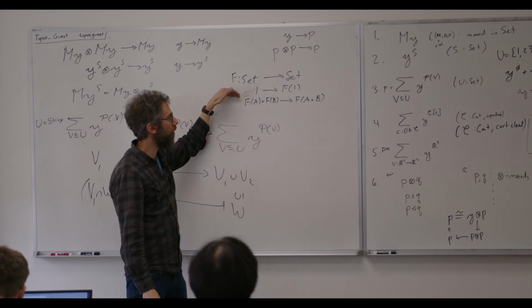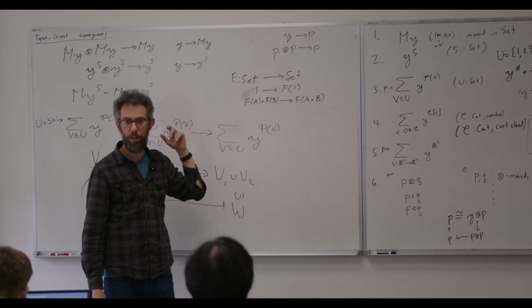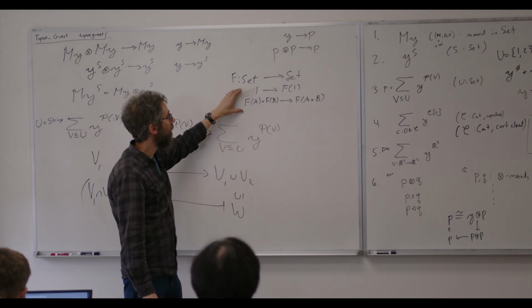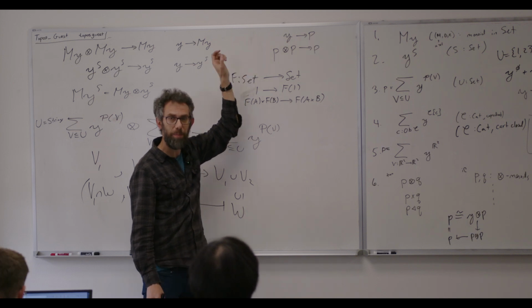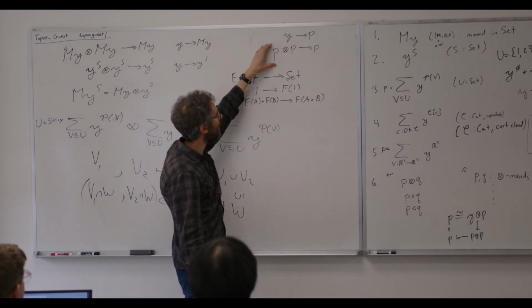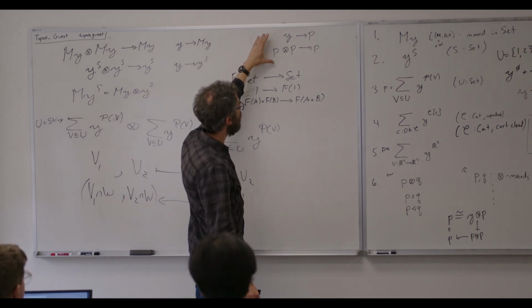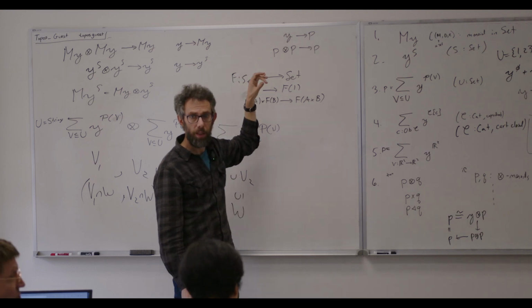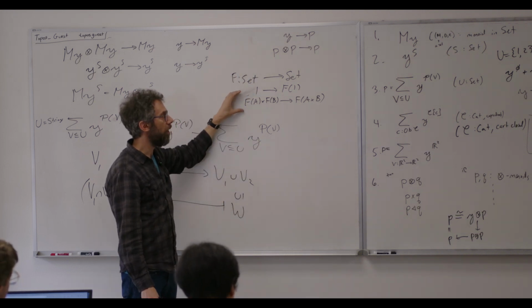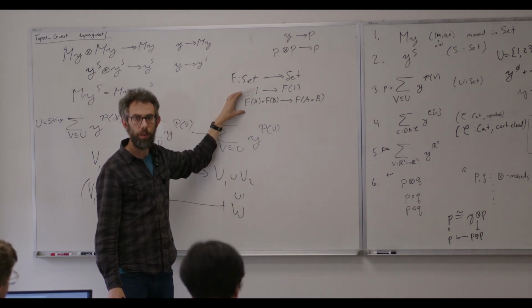We need these two structures, and they need to satisfy some reasonable compatibility conditions. And it turns out that you happen to get it right, that maybe you knew this, that a tensor monoid will be exactly a lax monoidal polynomial functor.